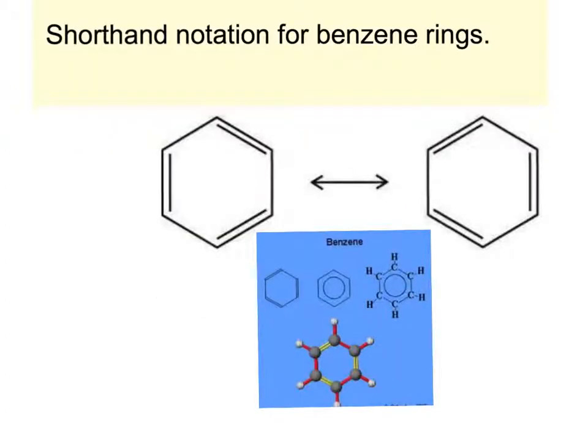As we move to the nomenclature of aromatic compounds, I do want to review back over the shorthand notation for a benzene ring. Now remember that benzene has a formula of C6H6 in a circular manner, and it has a rotating double and single bond present. And so benzene can be written in either this formation or this formation.